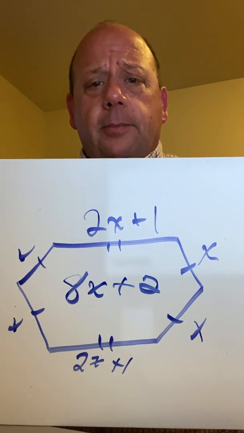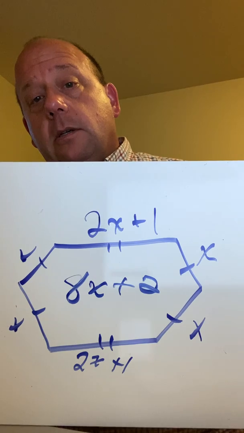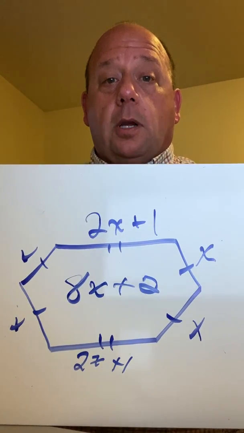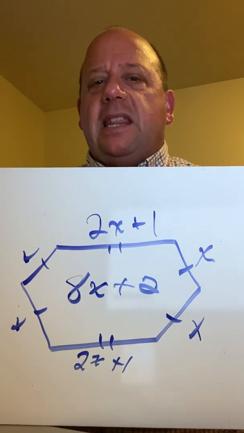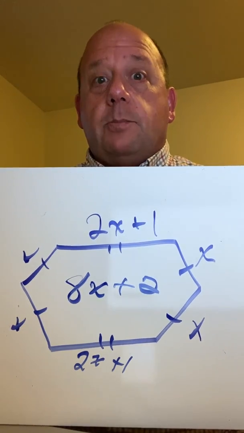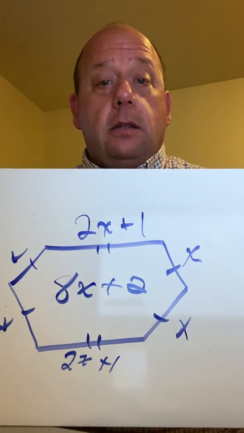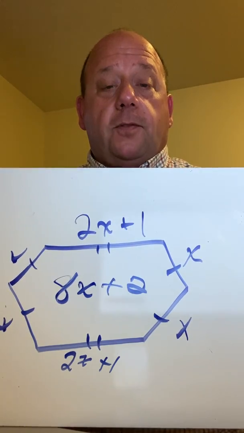Now, in the problem, they'll do one of two things. They'll either say, find the value of x, or find the value of each side of the figure that you're working with. Just depends. We'll do both, okay? But there's one key thing that I haven't told you. We know 8 times x plus 2 equals the perimeter of this figure.